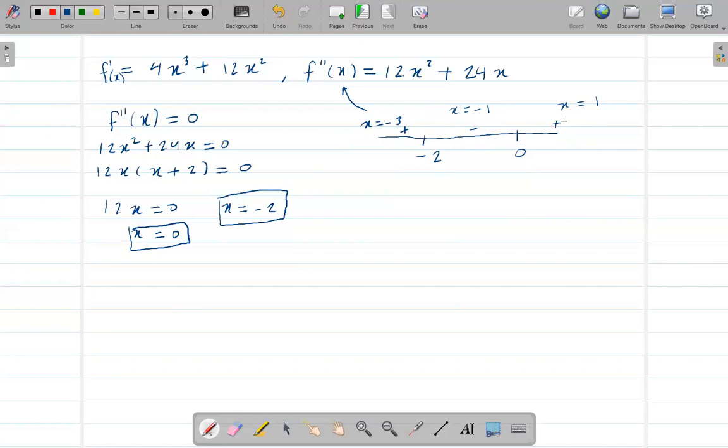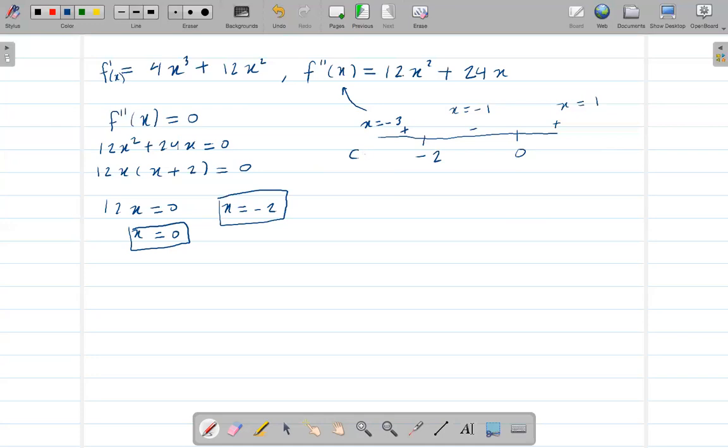Now, as I did in yesterday's lecture, if you get positive from the f double prime, then this is concave up, right?